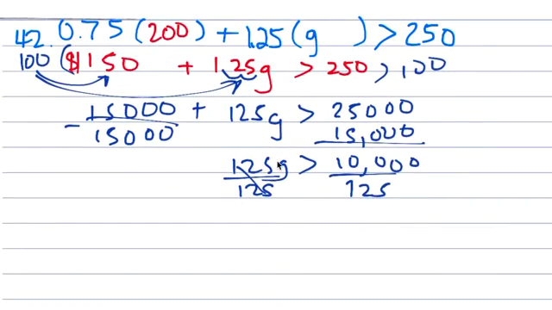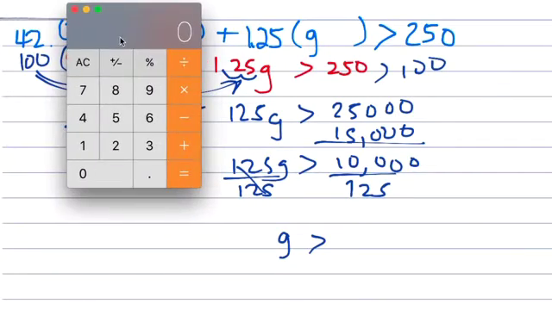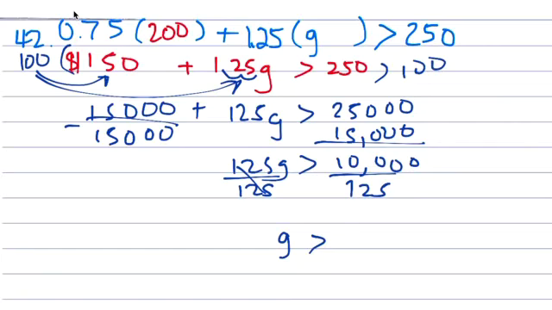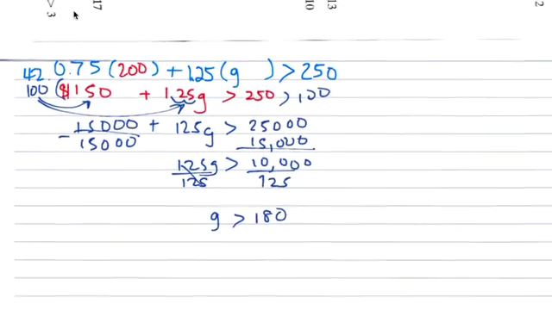G equals how many guests? I give you permission to use calculators. So here's my calculator. 10,000 divided by the 125 is equal to 80 guests. They have to have more than 80 guests.